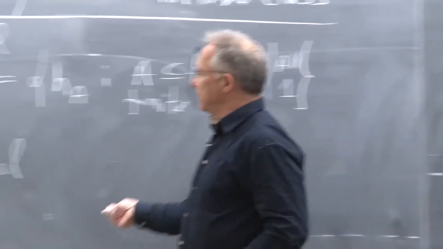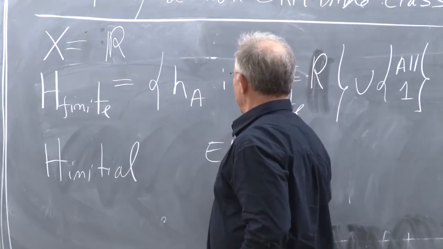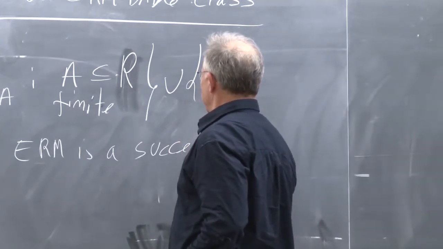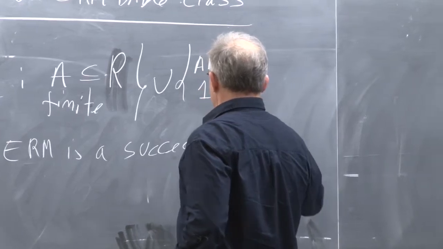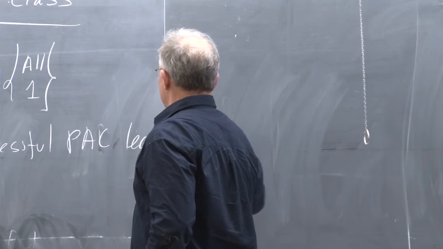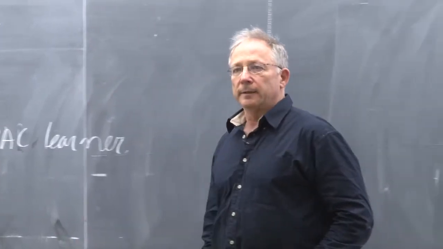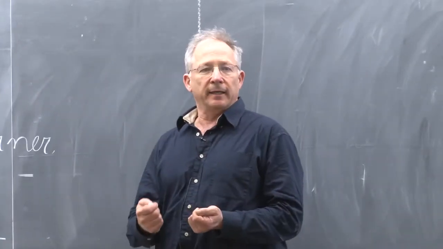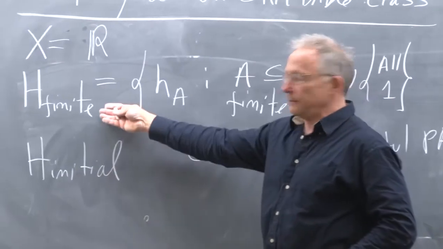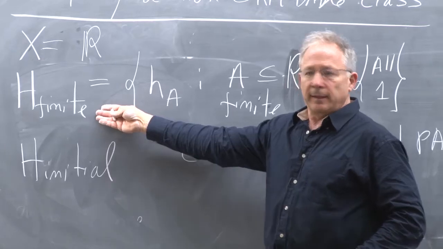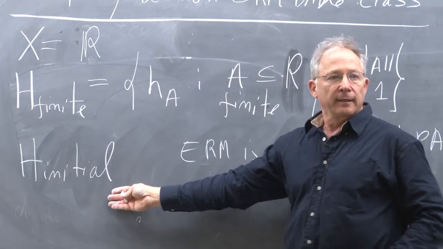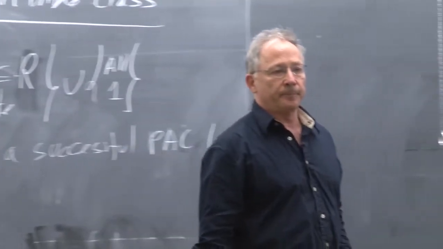But here, ERM is a successful PAC learner. So the puzzle here is, in what sense is this class nicer than this class? This class, where ERM fails badly. On this class, ERM succeeds.